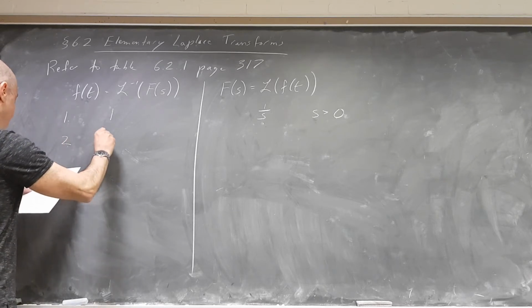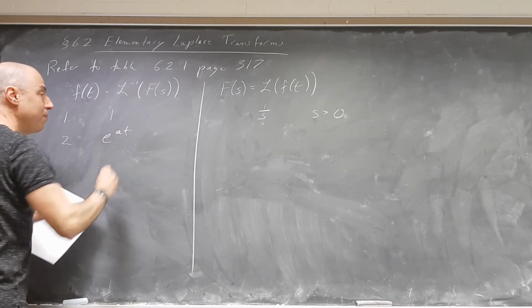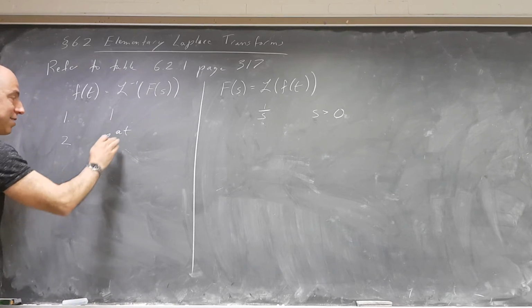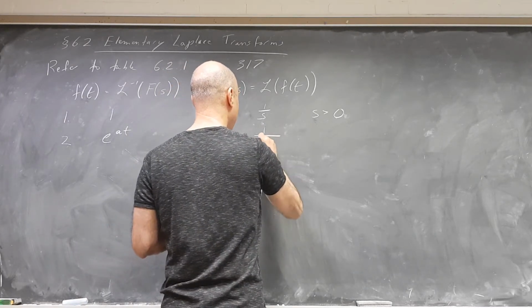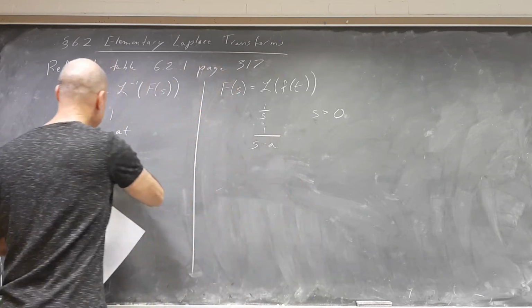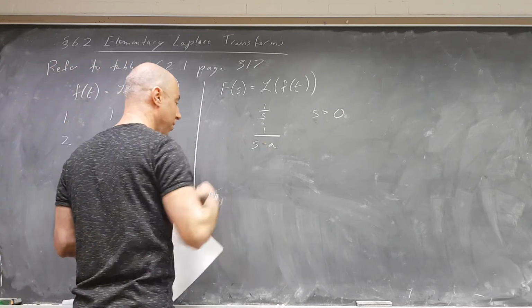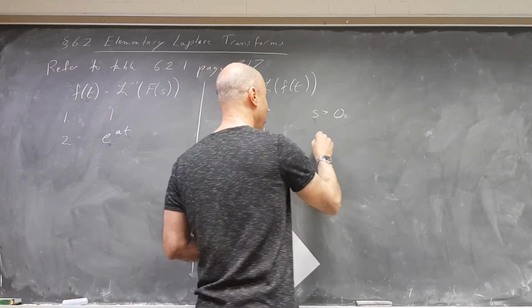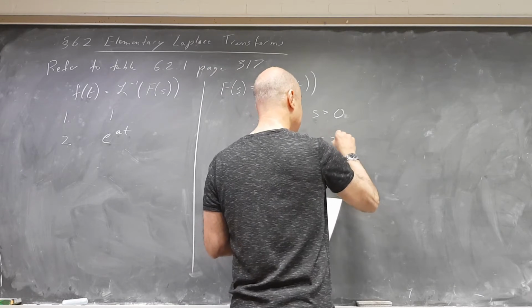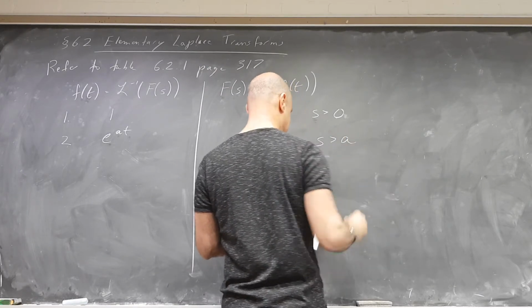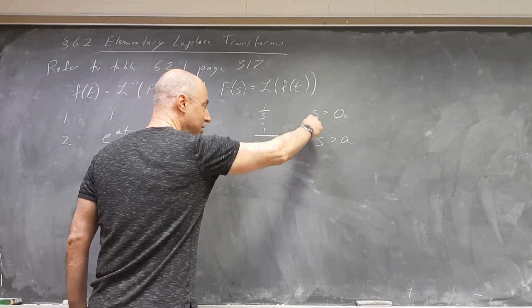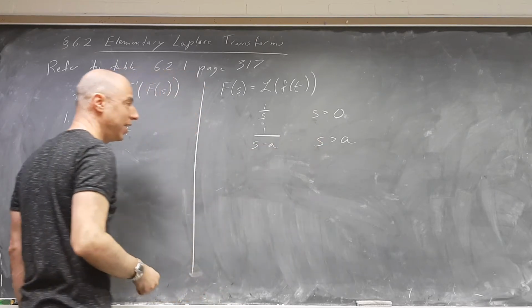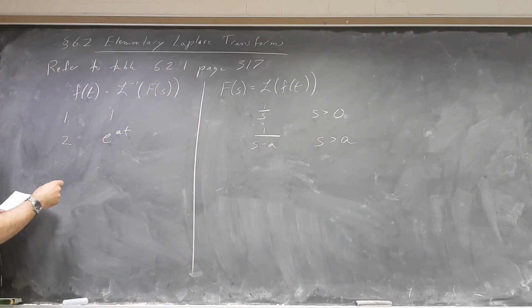If you have e to the at, we did e to the t last time. If you put in at, you'll see what you get is 1 over s minus a. We did e to the 1t, and we got 1 over s minus 1, and this only works if s is bigger than a. That's the only place it converges. Usually the interval of convergence is not going to be such a big deal for you as far as using Laplace transforms.